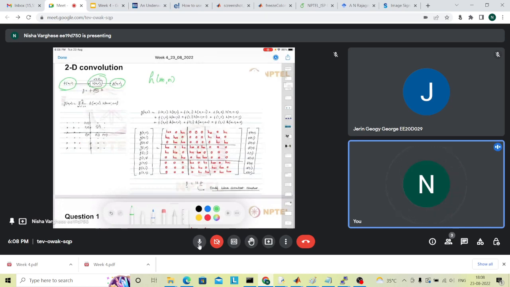As an example in the lectures, it was given that h of mn lies here only, other values are 0. So this point is 0 0, this point is 0 1, 1 0 and 1 1. Other points have 0 values.